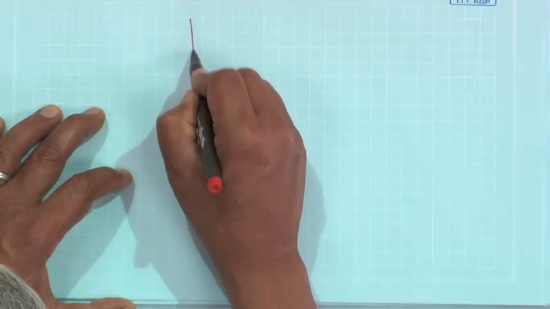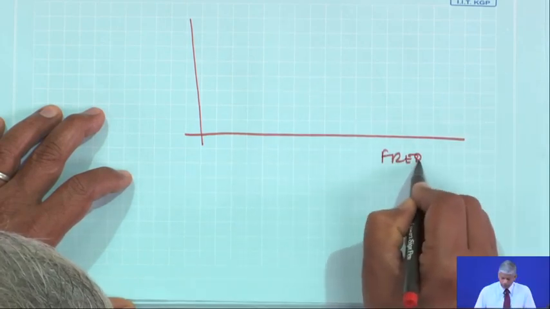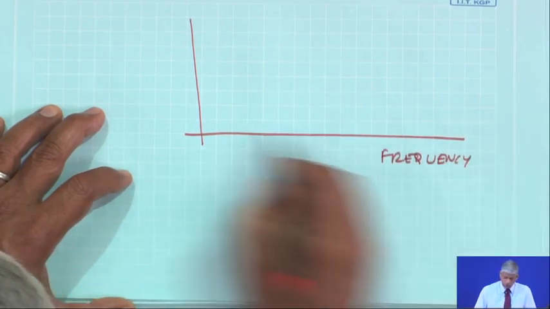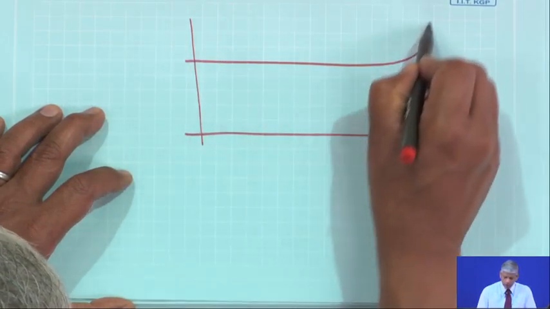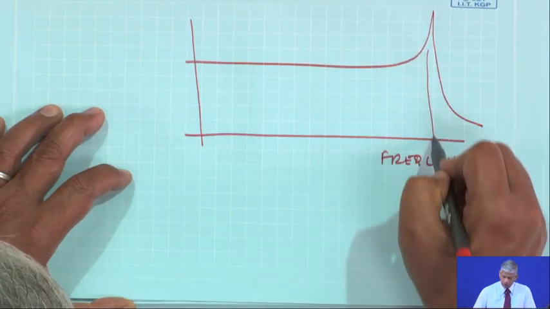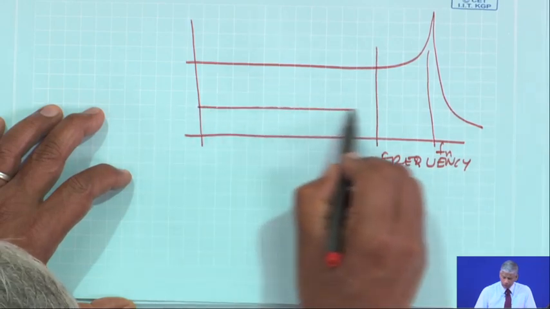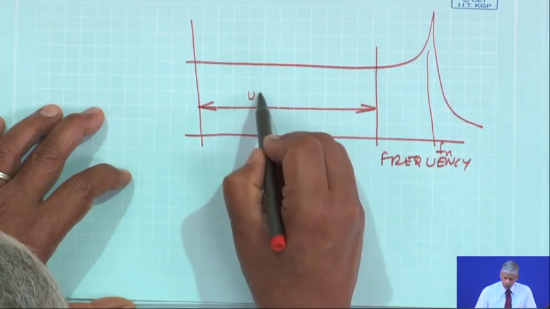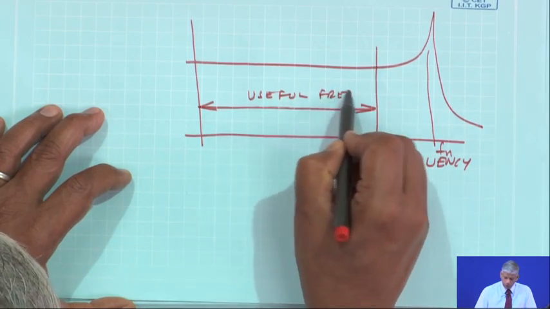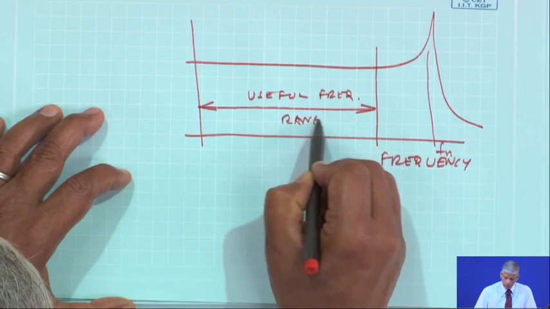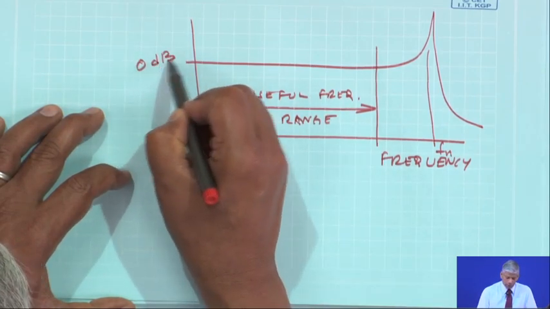If I had a microphone, the frequency response of the microphone would be something like this: flat till its resonant frequency Fn, and we say this is the useful frequency range, and the dB scale output by input is 1. So this is 0 decibel.